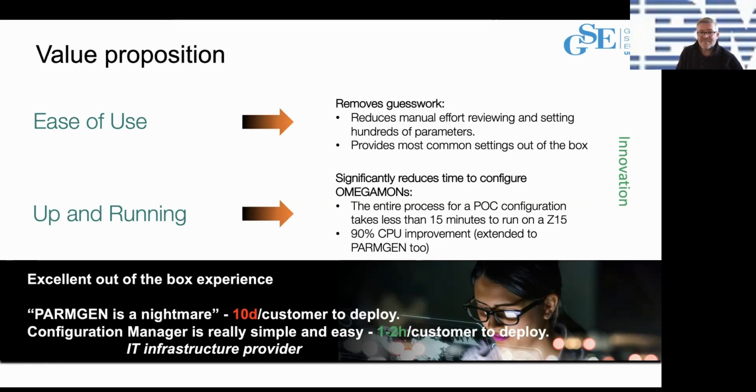It reduces a lot of manual effort and provides most of the common settings out of the box. And you can get systems up and running in 15 to 30 minutes, for example. I used Configuration Manager for the first time 2 years ago at a very large customer, and it was one of the first customers to use Installation Manager.